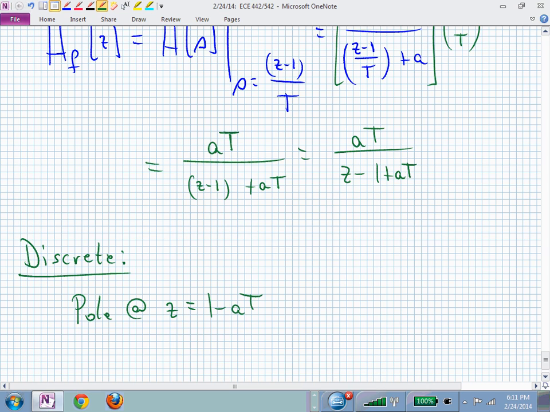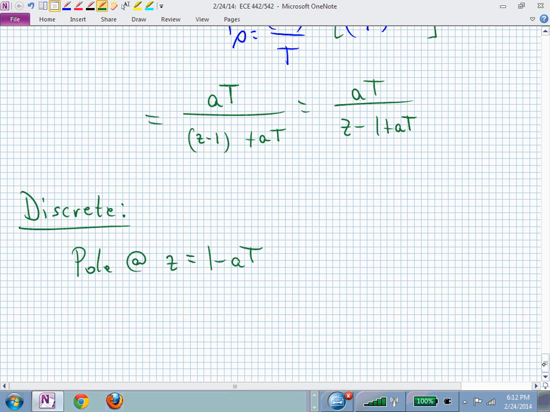We now have 1 minus 4 times whatever our sample period is. So that's going to be somewhere on the real line in the z-plane, less than 1, 1 minus some small piece, depending on what capital T is. That's where our pole is in h of z. What about our zeros? Do we have any finite zeros?